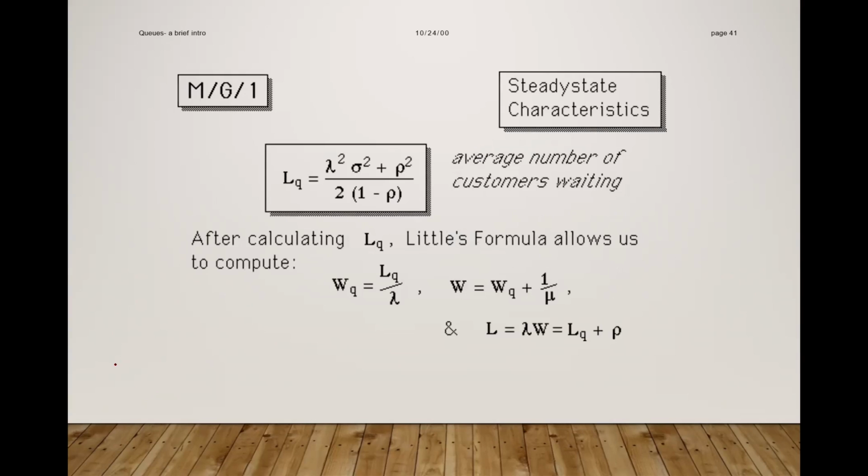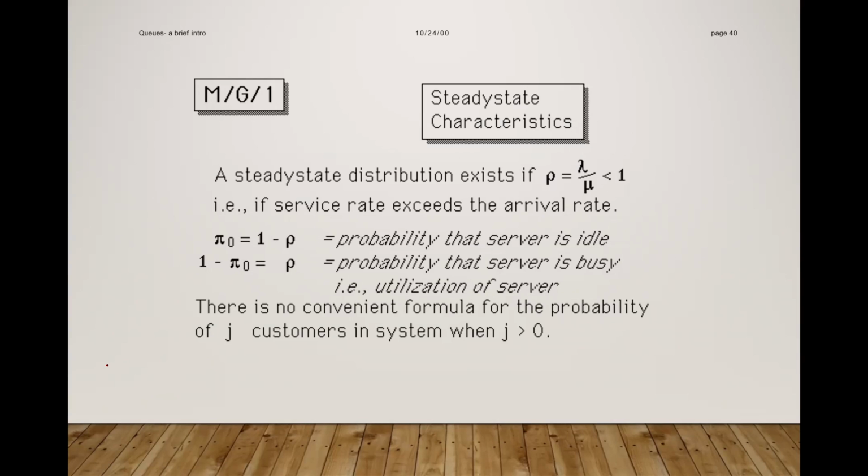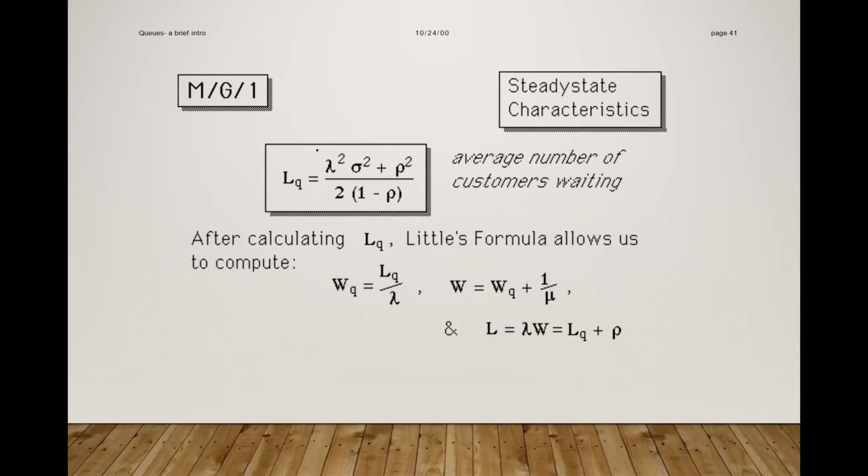So ito yung ating L sub Q, which is lambda squared, the variance squared, plus utilization squared over 2, 1 minus rho. So the average number of customers waiting. So after calculating, allow us to compute this. Then we get this formula.